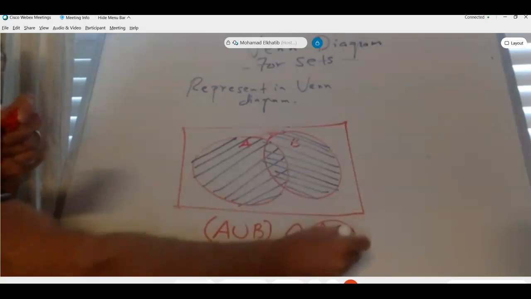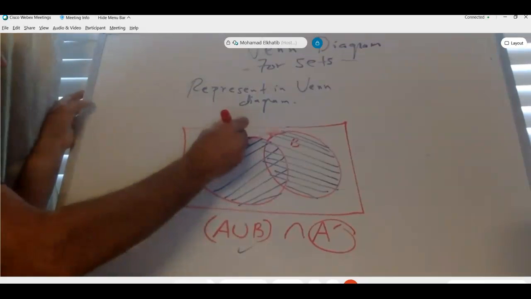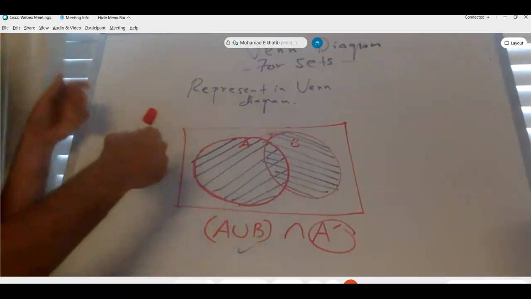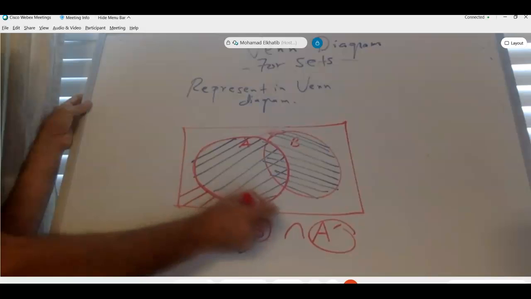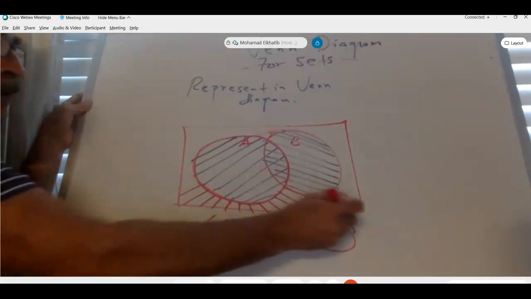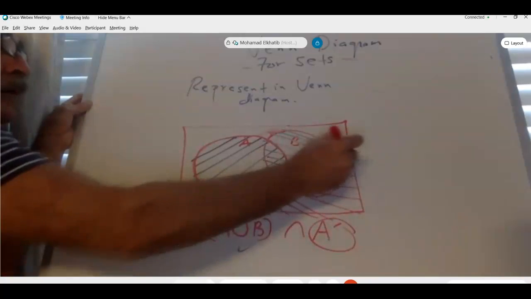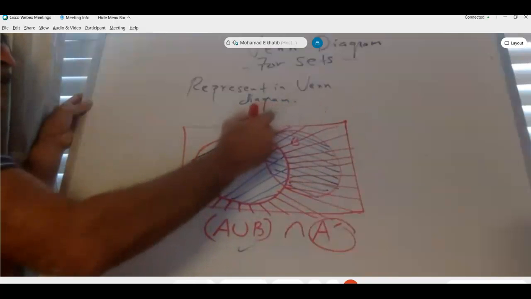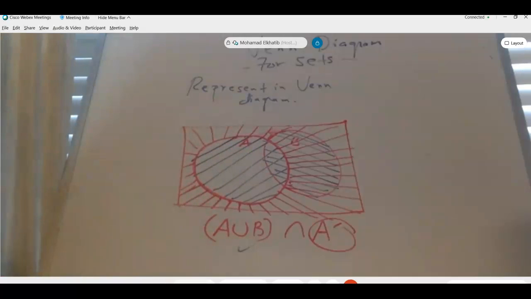I want to shade A prime. What does A prime mean? Everything except A. This is A. So A prime is everything outside of A, because everything except A. So I'm going to shade outside A. Got it?